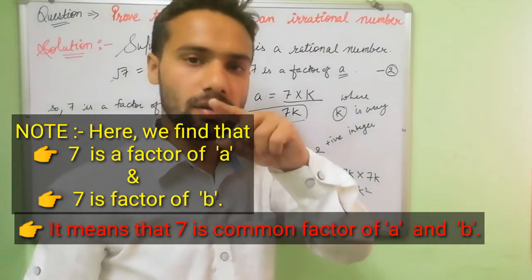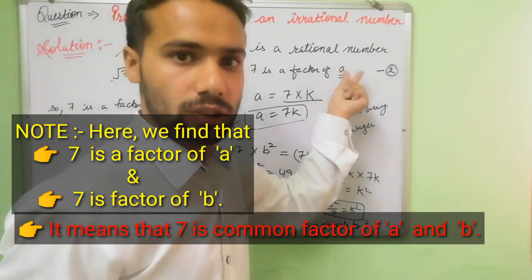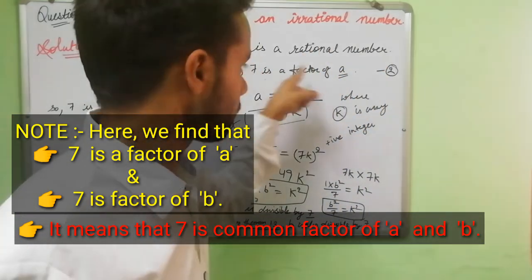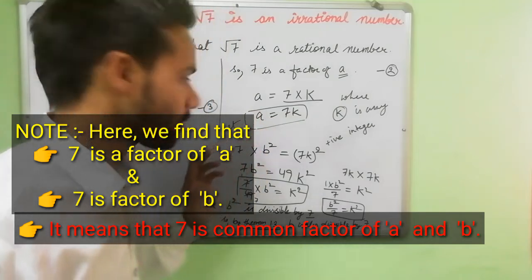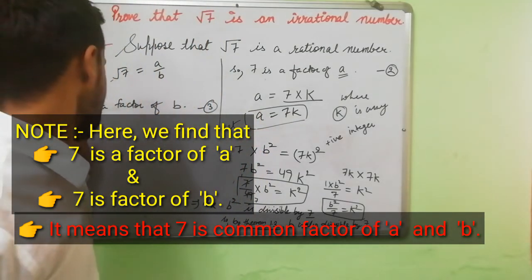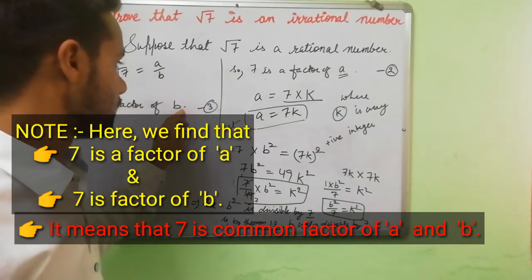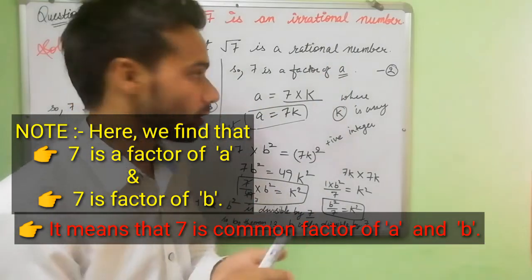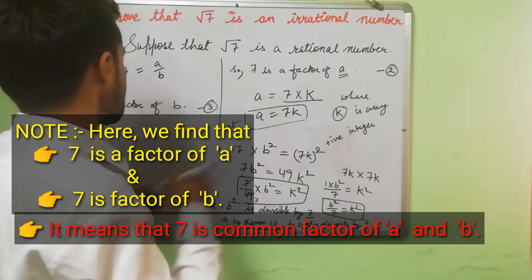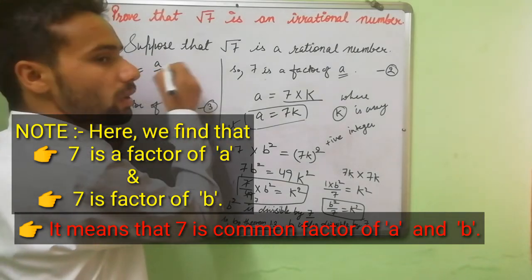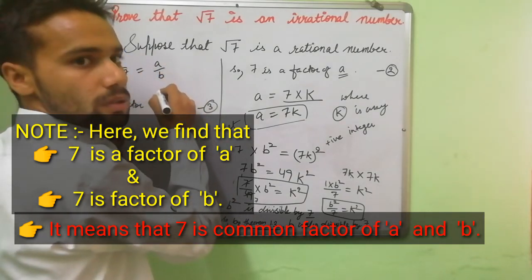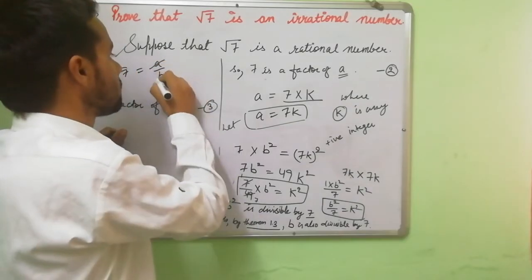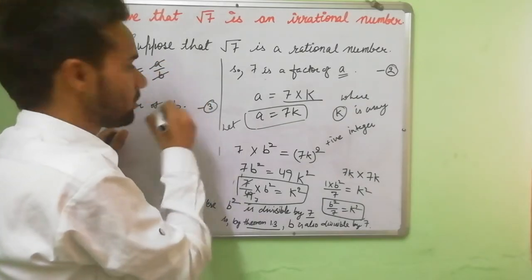Any number which divides any other number is called a factor of that number. So 7 is a factor of a, 7 is a factor of b. Here you reach that 7 is a common factor of these two numbers, that means 7 also divides these two numbers.